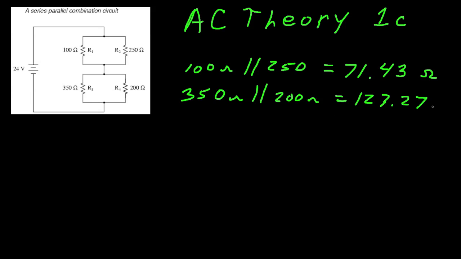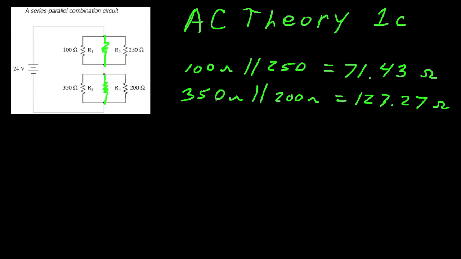Now, if you do the product over the sum method, then you should get the same answers. So that would give you two different ways to do this problem, and you would end up with the same answer.